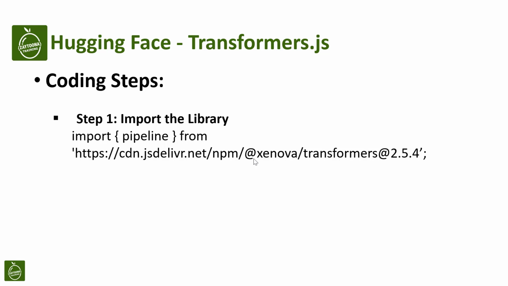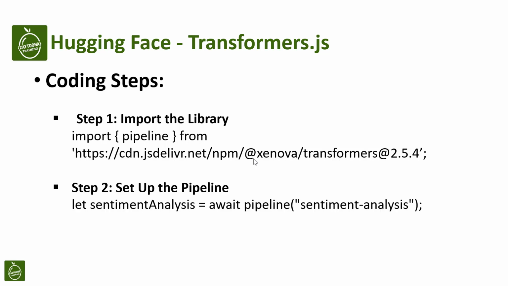Now that we have our pipeline function ready, it's time to set it up. By invoking the pipeline function with the sentiment analysis argument, we are essentially creating a pipeline tailored for sentiment analysis. Under the hood, this step fetches the relevant model, and if no specific model name is given, it will load a default one and caches it so subsequent uses are speedy.